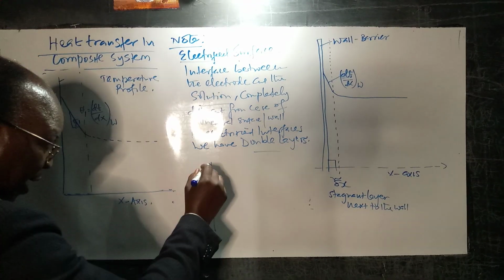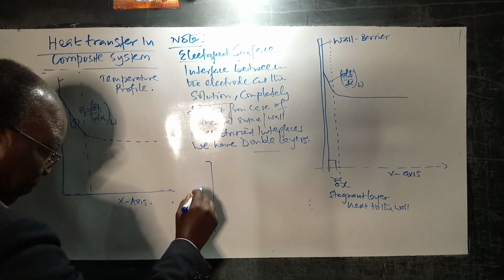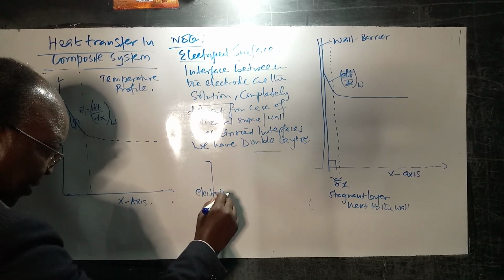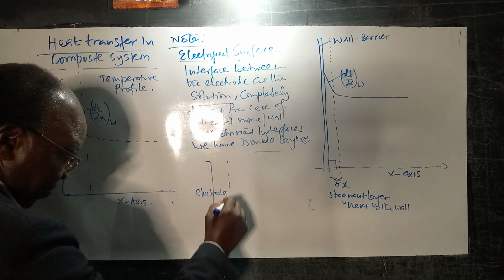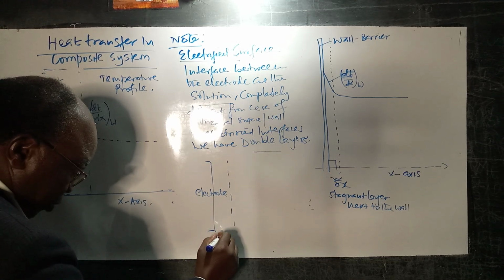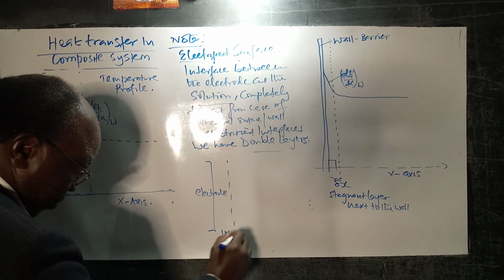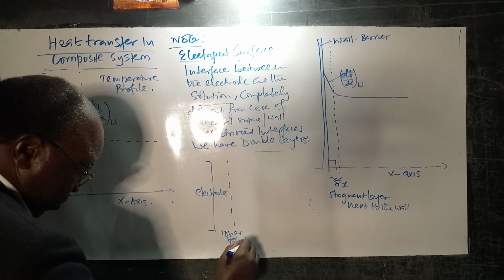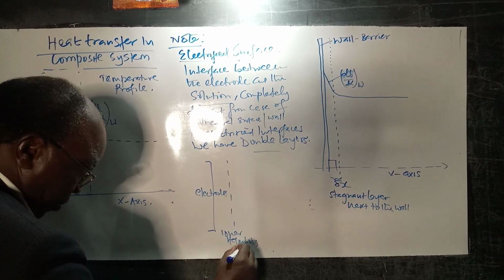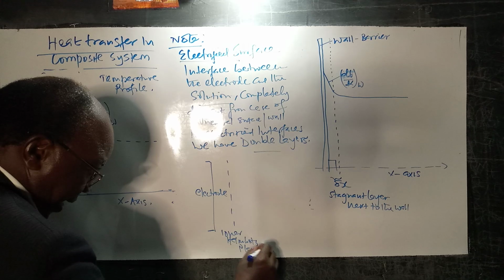So if that was an electrode which is charged, then we would have what's called the inner Helmholtz plane, that's IHP.